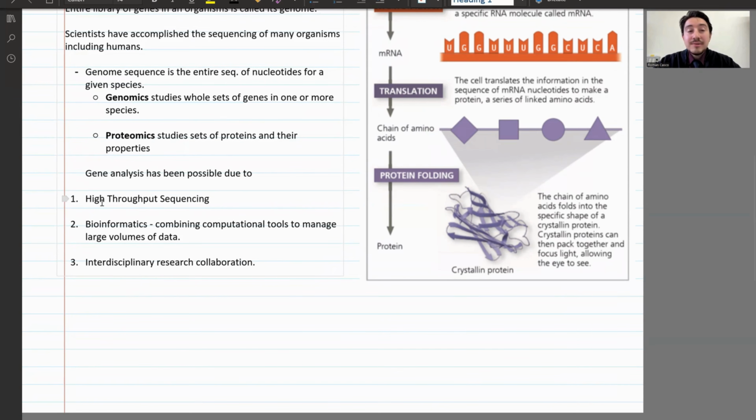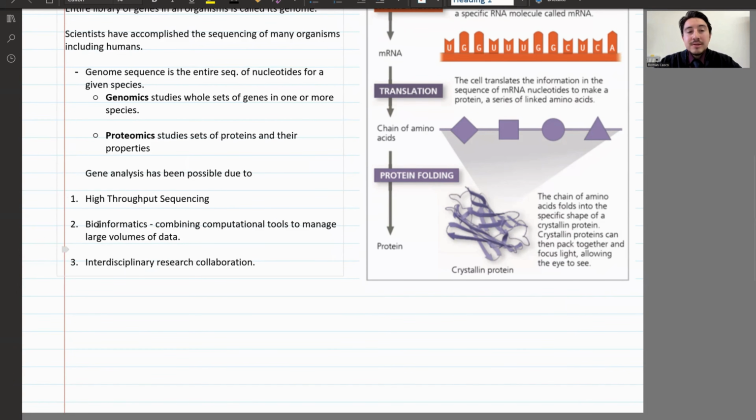Nowadays we have high throughput sequencing, where you can use a machine to determine the exact letter sequence of a particular DNA sample, and you can analyze that DNA sample using computational tools to manage large sequence data. That is called bioinformatics.